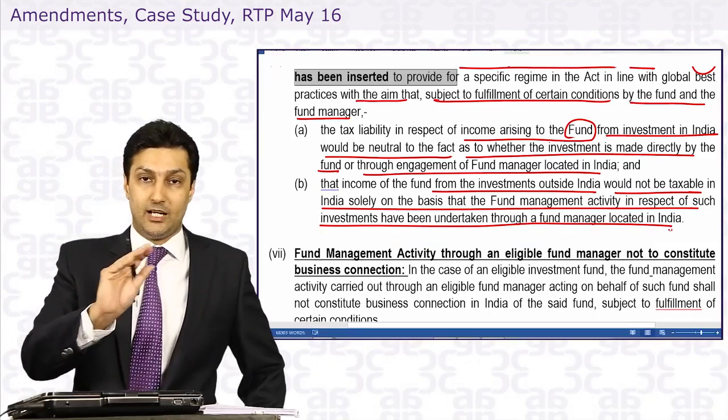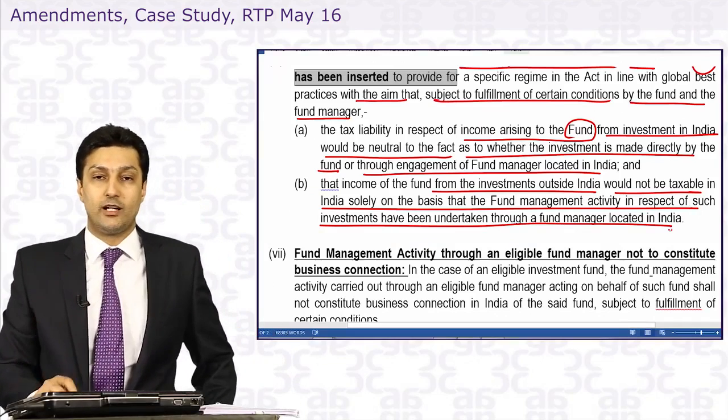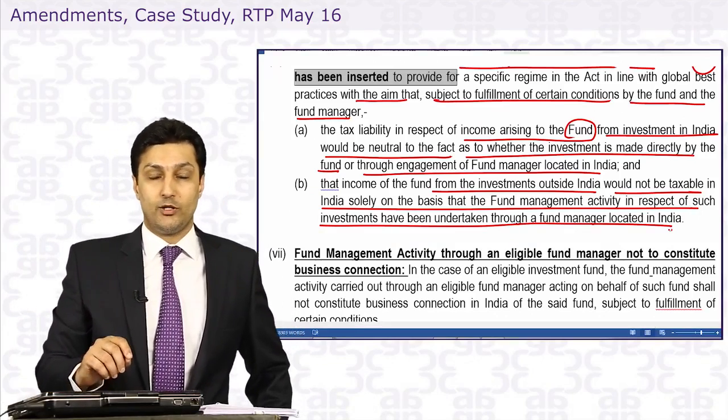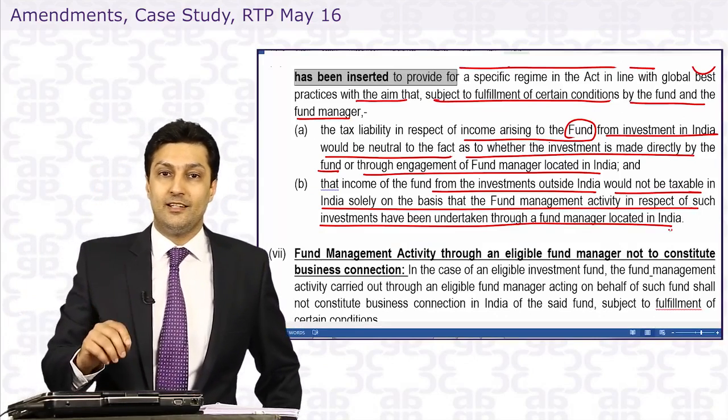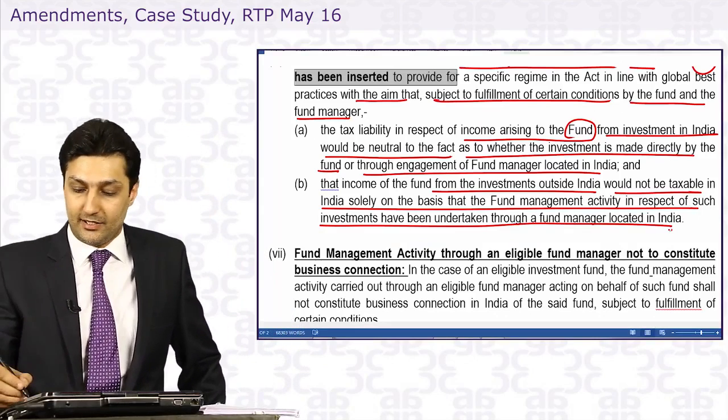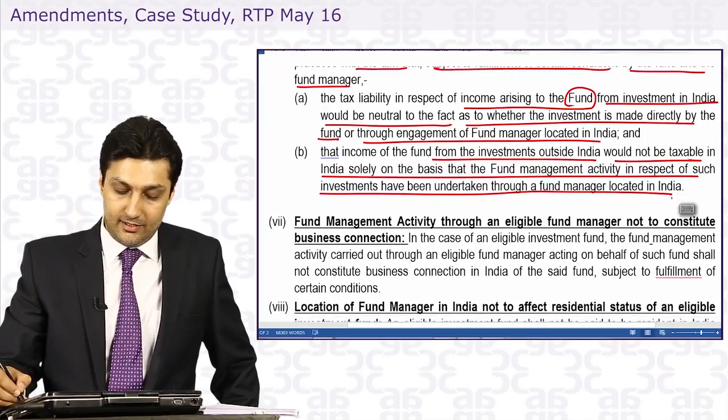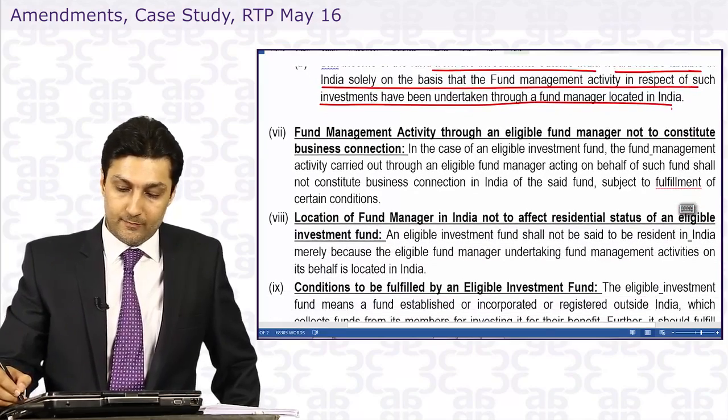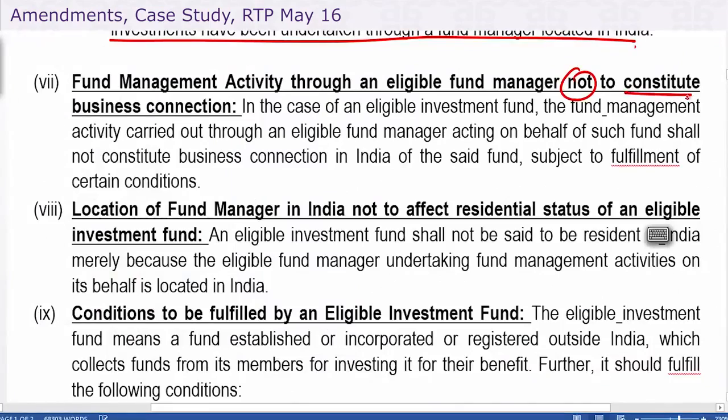Now all we are saying, and without going into the complications of the wordings, I hope you're listening to me, all we are saying is just because the fund manager is in India, one, it will not constitute a business connection. That's one. Second, location of the fund manager in India will not affect the residential status of an eligible fund.